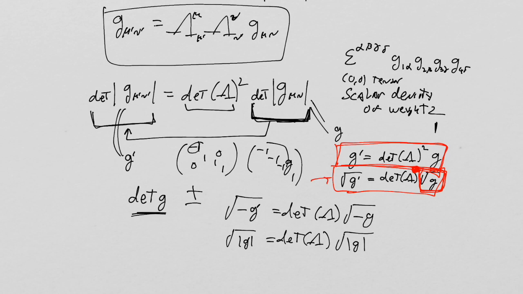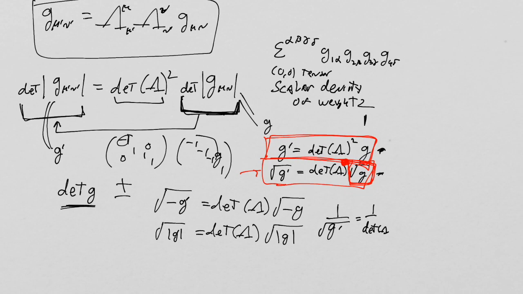But the point is that in any space-time with a metric, we have for free a scalar density of weight 1 and weight 2. And if we take 1 over G prime, it is going to be 1 over det lambda times 1 over the square root of G. So there's also this formula.